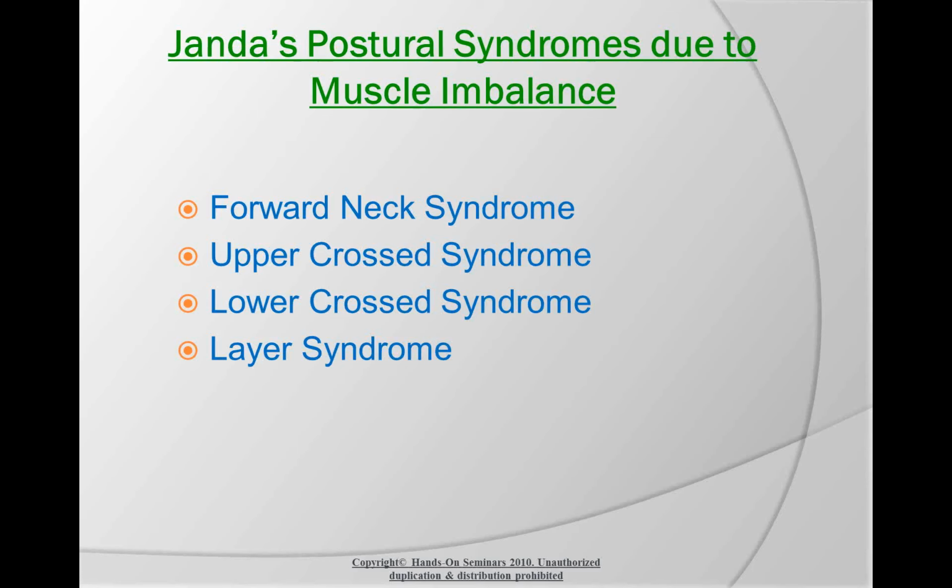And obviously, if in a specific area, the spine in this case, I have muscles that are very inhibited and weak, and another set of muscles that are in an excitation pattern where there is hypertonicity, I end up having a muscle imbalance that will lead to postural imbalances. Those are the forward neck syndrome, the upper cross syndrome, the lower cross syndrome, and the layer syndrome. Tonight I will discuss the lower cross syndrome and the layer syndrome.